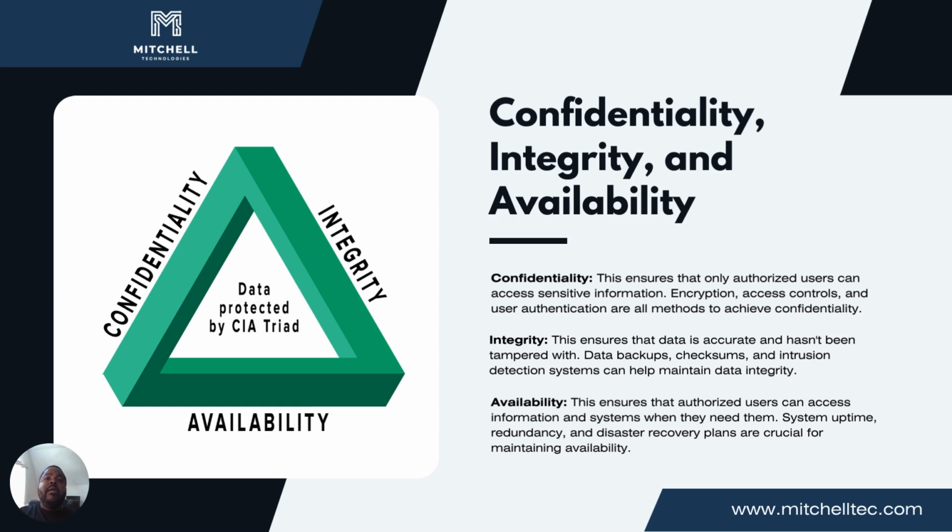And then availability, is the data available when I need it? And that could be at any given time, or it could be at a particular time. Okay, so CIA triad, very important thing to understand as a basis of cybersecurity. Everything that I talk about from here on out will be based on this concept.